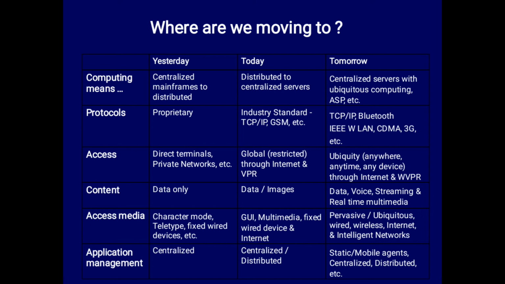Access media: initially it was character mode, not GUI, teletype, fixed wired devices. Today it is GUI, multimedia, fixed wired devices and internet. Pervasive, ubiquitous, wired, wireless, internet and intelligent networks.